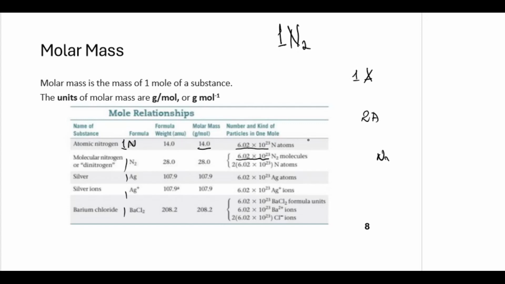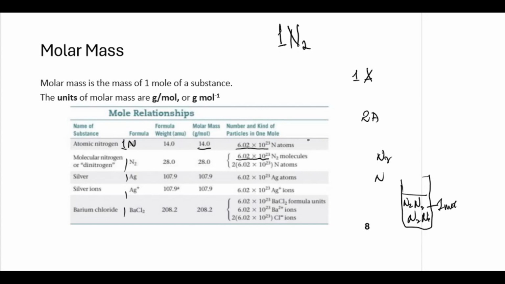So if you have a cup of N2 like this, and that cup is 1 mole, if you try to count all the N2 in that one cup, it will be 6.02 times 10 to the power of 23 molecules of N2.